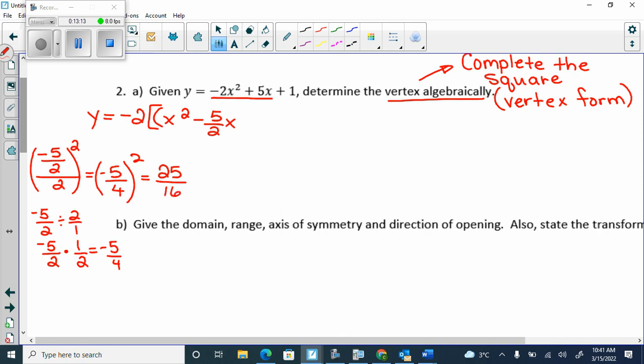Because you were taught this in grade 10 last year: you square the top number, square the bottom number. When you square a negative 5, you get 25. When you square a 4, you get 16. So I'm going to get plus 25 over 16. And then I have to remember to subtract it: minus 25 over 16, square bracket, and then I add my plus 1 at the back.